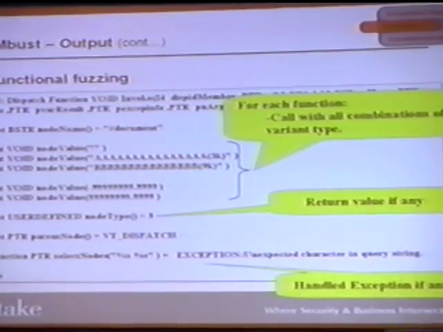So that's all nice, but what's the value of Combust? The day this stuff crashes is when you're a winner. At the bottom, you have an example of select node with a format string, and it returns an exception, unexpected character in query string %s. This is a handled exception.